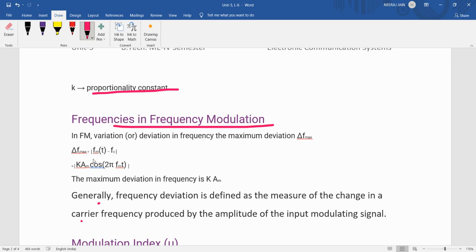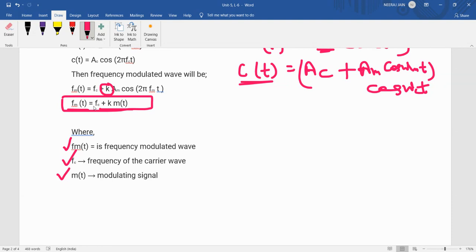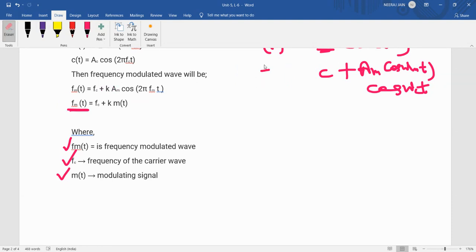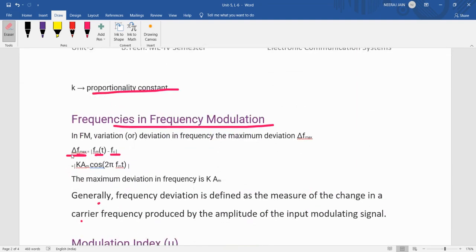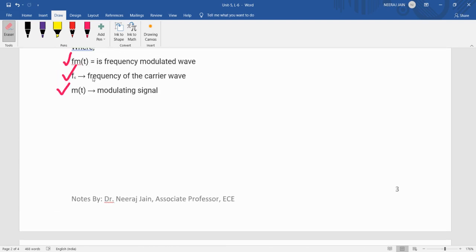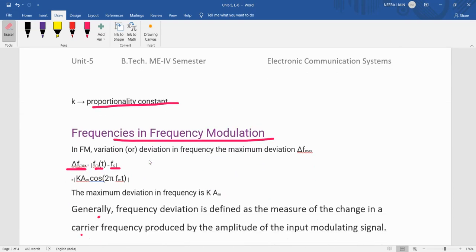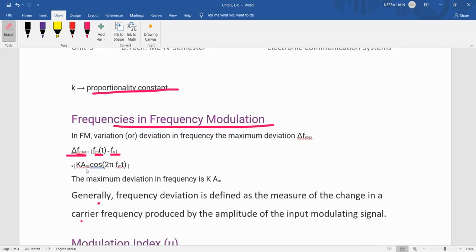In frequency modulation, the difference or deviation in the frequency can be given by delta f maximum = f(t) minus f0. बराबर The difference we can calculate according to this equation: f(t) minus fc is equal to k m(t). तो m(t) की जगह पर we can put the original signal, that is Am cos(2 pi fm t).